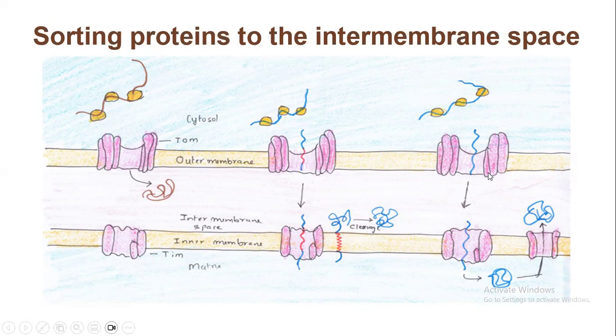The third pathway is one in which the protein is first transported through the TOM and then through the TIM complex, by which it will enter into the matrix.